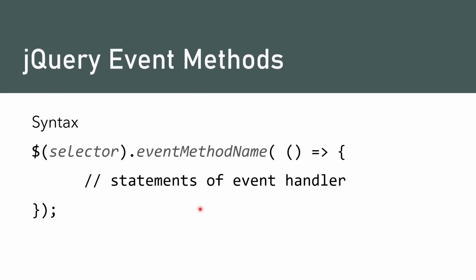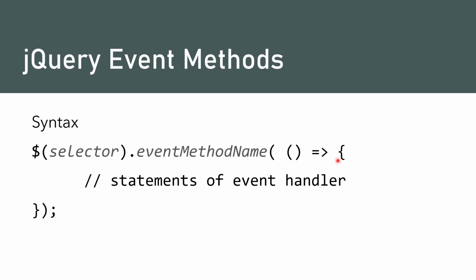So here is that syntax again, just general syntax for event methods, where all you need to know is the event method name, and you can find that by looking in your book or the documentation on jQuery.com to find what event method name you need to attach your event handler to the correct event.